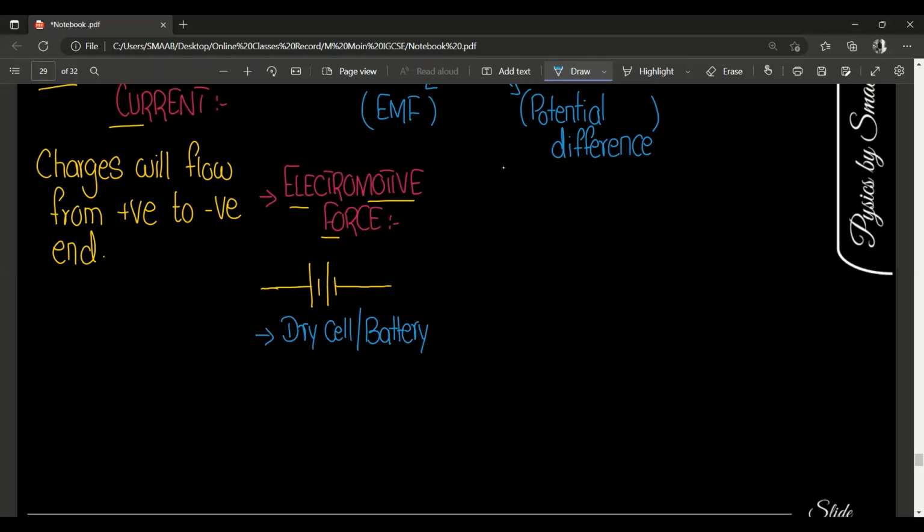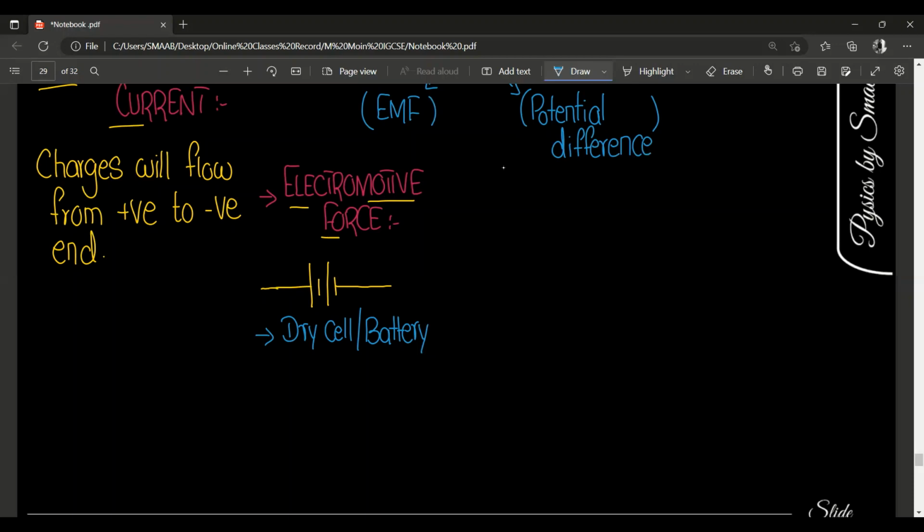Normal cells are dry cells, the normal cells that we use in our daily life. If you studied the dry cell in chemistry or sciences, you know its complete structure and how the cell is made, but that is not important. A normal cell is also a dry cell, the normal pencil type cell which we use in our remote controls, toys, or other devices.